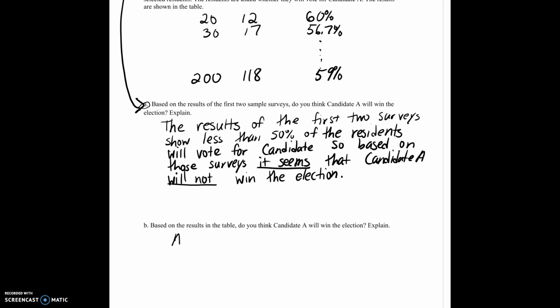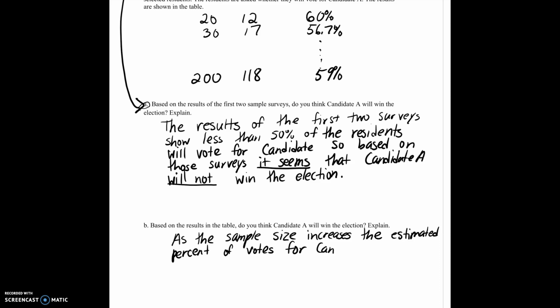So as the sample size increases, the estimated percent of votes for candidate A approaches 59%.